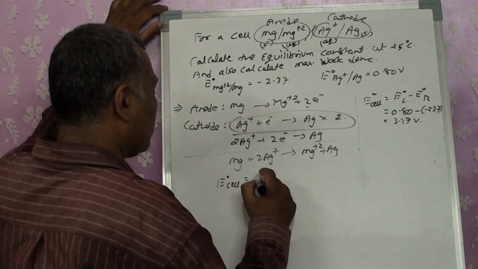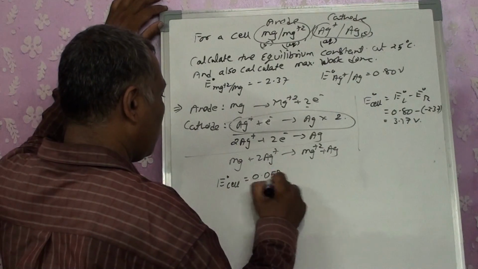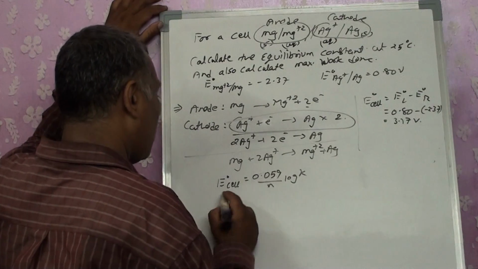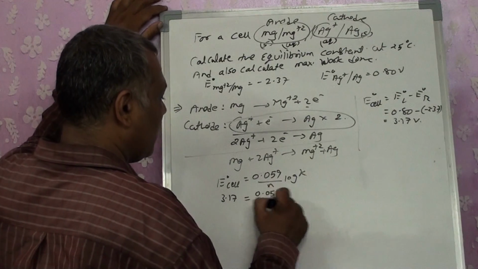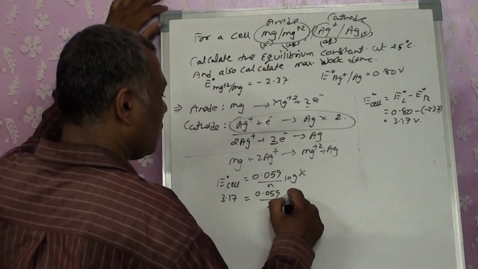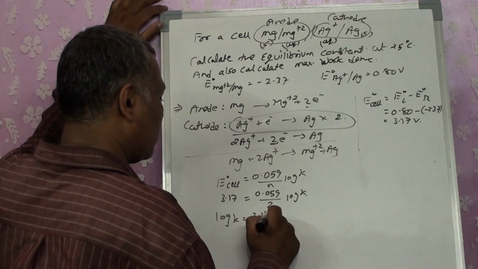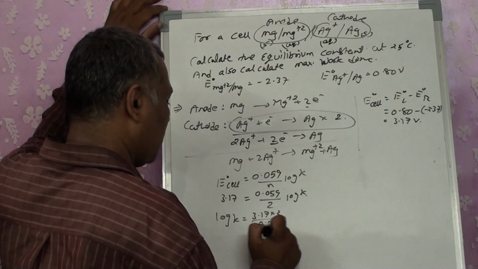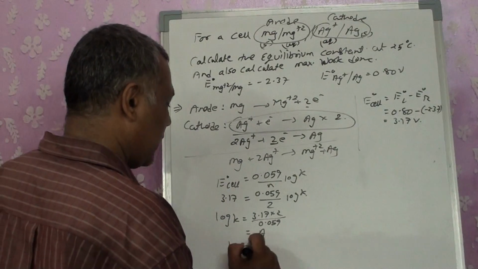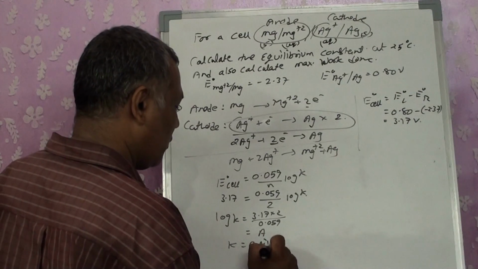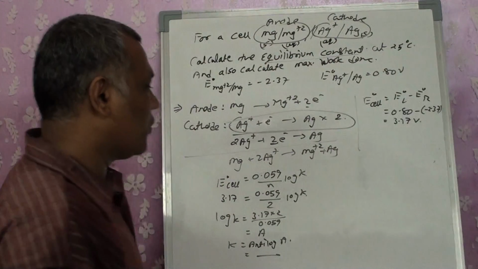E naught cell equals 0.059 by n log K. This value is 3.17, equal to 0.059 by 2 log K. So log K equals 3.17 into 2 upon 0.059. Suppose we get it as answer A; then K is the antilog of A. That will be your first answer, the equilibrium constant.